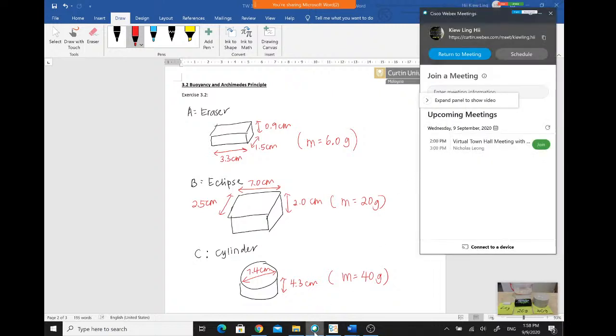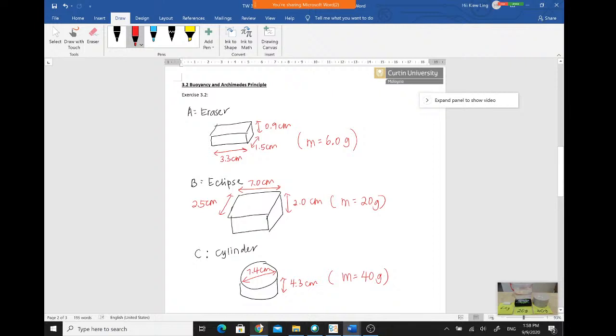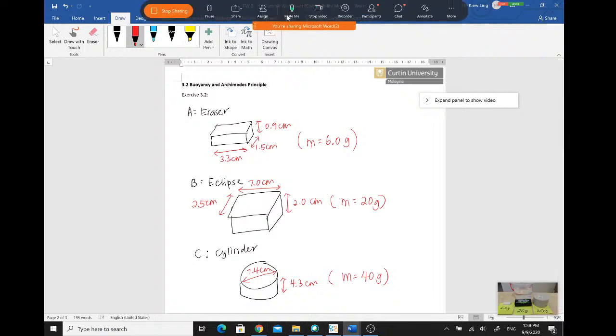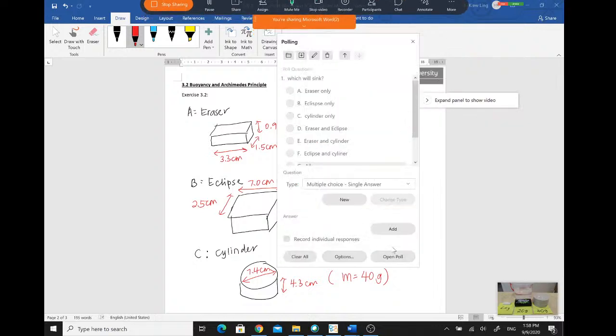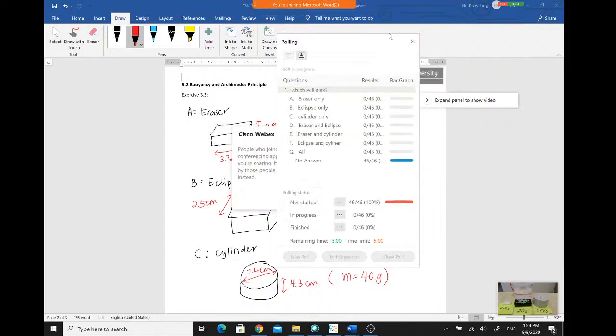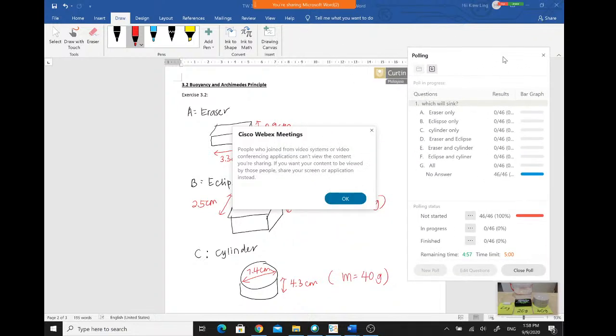So I will open the poll and you'll vote. Okay, you have 5 minutes to vote. Okay, so based on your first sight, your first observation, you tell me which one will sink down to the bottom.